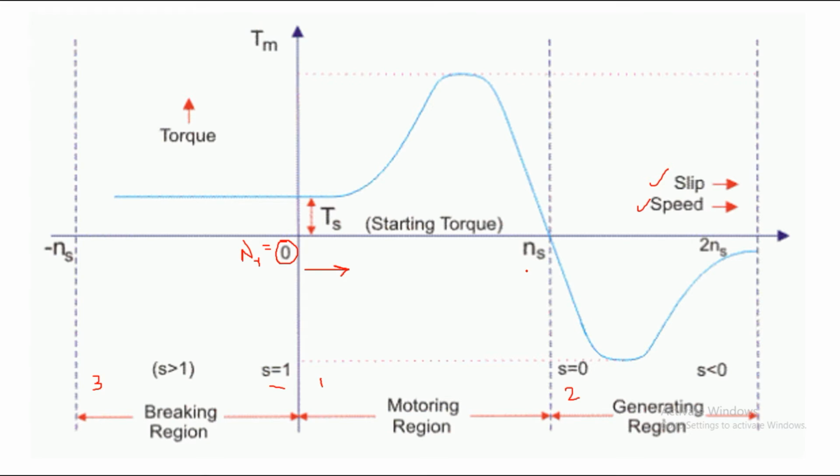In an induction motor we have to maintain some relative difference between stator and rotor speed, so they should never reach synchronism. When the rotor speed reaches the value of synchronism, the value of slip will be 0.